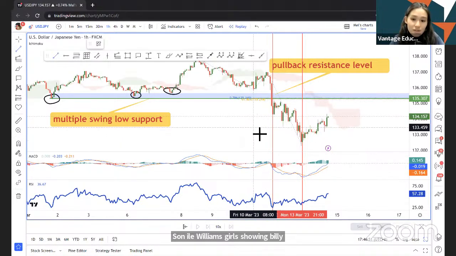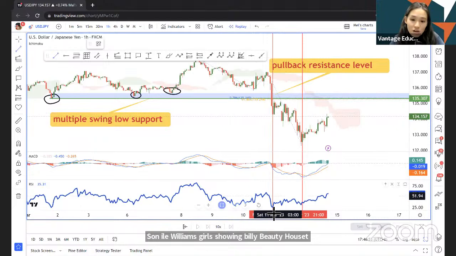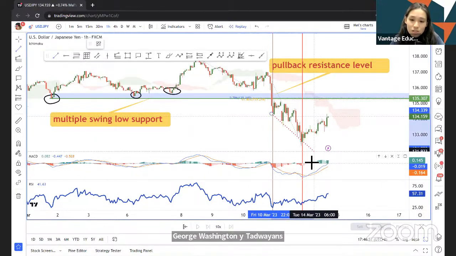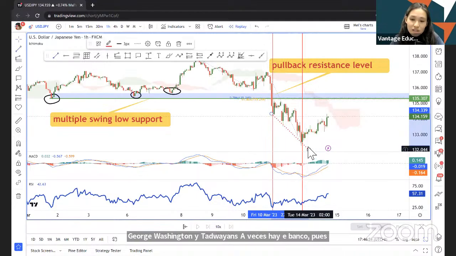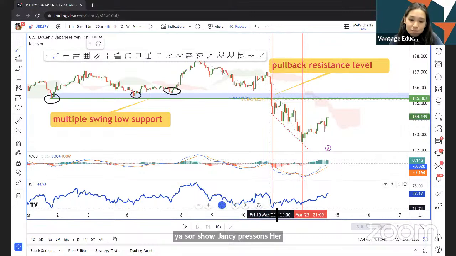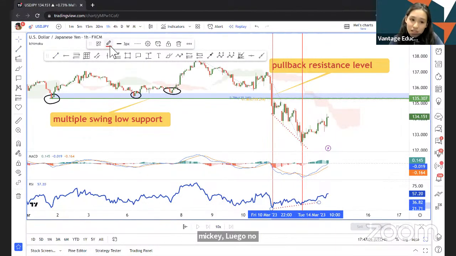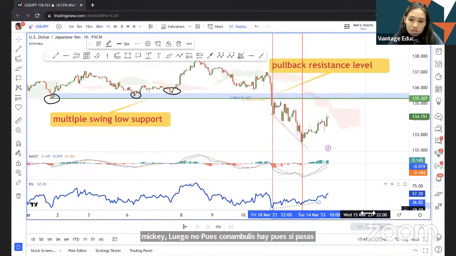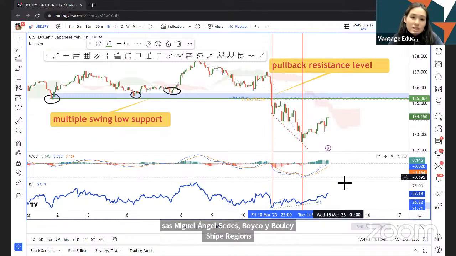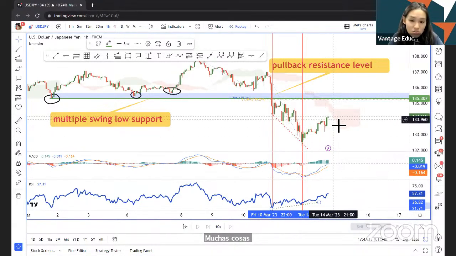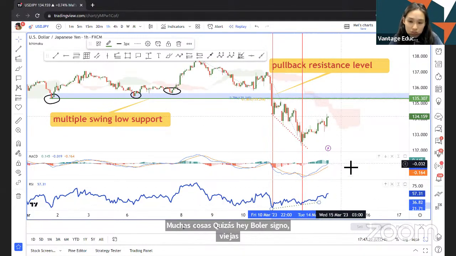Here we have a divergence on our RSI and on our price chart. Prices have made a lower low, whereas on our RSI, we see prices making a higher low. This is what we call a bullish divergence, which also gives us a bullish signal because we are expecting prices to continue to rise after this divergence.